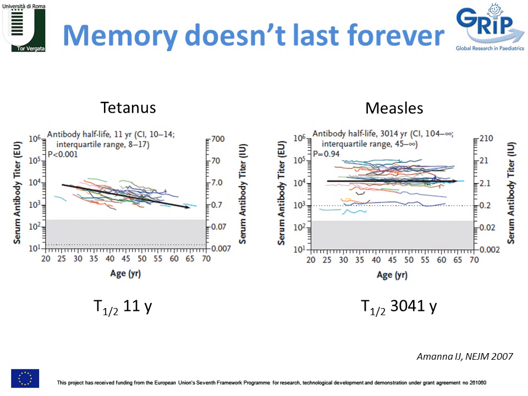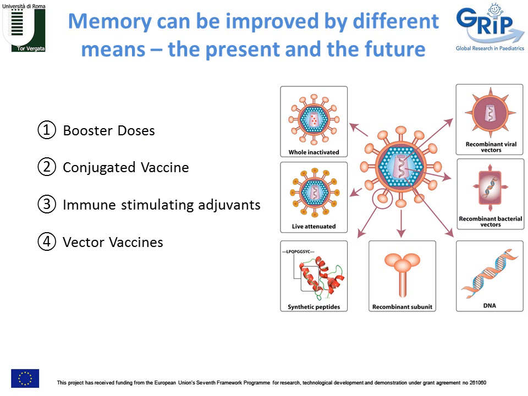So if we know that live vaccines give lifelong immunity, but protein vaccines such as the tetanus vaccine don't, it's obvious that we try to find ways to boost this memory. This is just an overview of what methods or mechanisms have been tested or are in clinics.